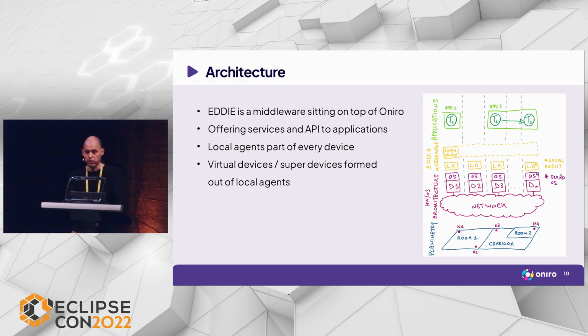We are offering services and APIs to the applications to make use of these resources that are available and how to use them. And every device that is part of this network has what we call a local agent that makes sure that it has all the layers implemented and it talks to all the other devices around it.